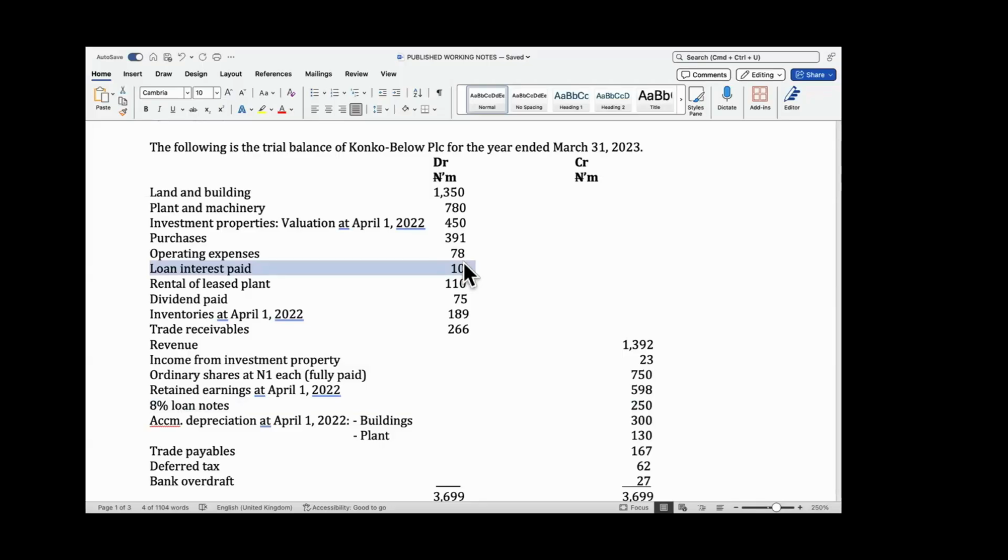It is now left for you to remember to recognize the accrued interest. I taught this when I taught you financial instruments, but I'll still revise it again. So I always check that to be safe.